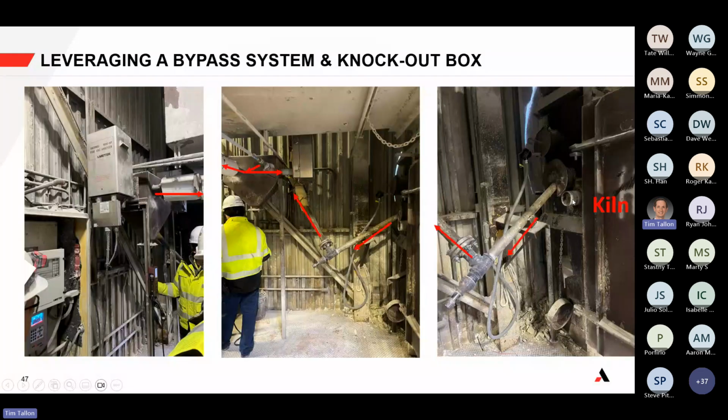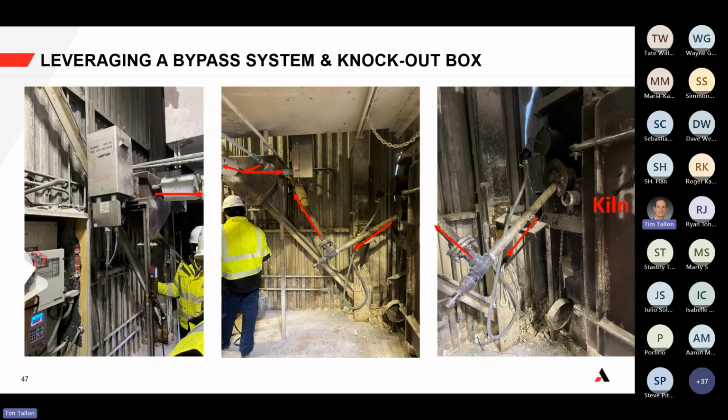The induced draft fan, as I was saying, is pulling the sample, so it pulls in right from the kiln. There's this little blow off section here, so if particulate were to accumulate, you can blow it off with high pressure air or knock it out. That diverts into what we see as the knockout box right here before the measurements are made by, in this case, both analyzers, and then taken downstream to return back to the process.